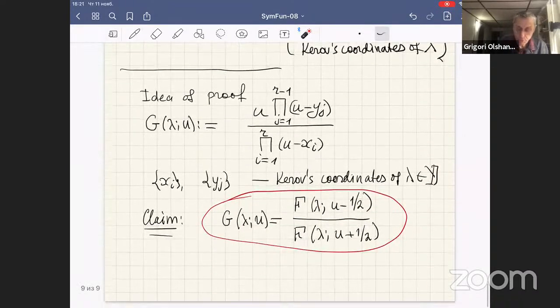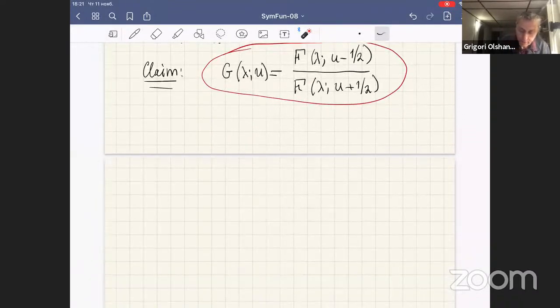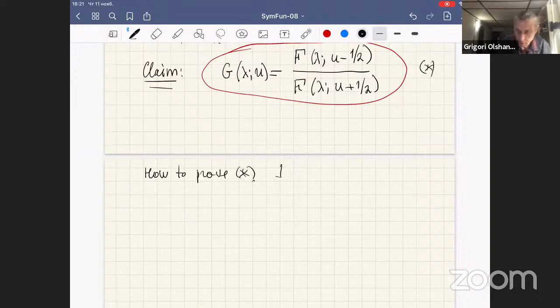So first, how to prove? And I propose the following trick. How to prove this? The idea: use induction.